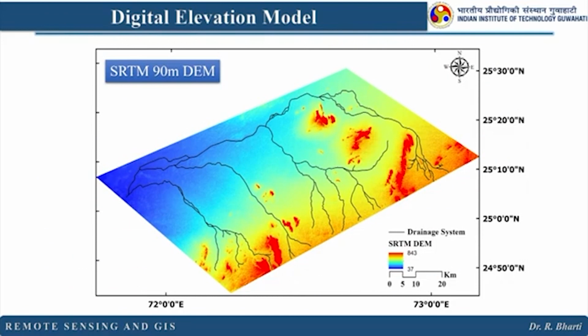Now let us see what exactly we mean by this digital elevation model and how it is going to help me. You are familiar that the Z value here corresponds to altitude, but in satellite remote sensing data we have digital numbers.